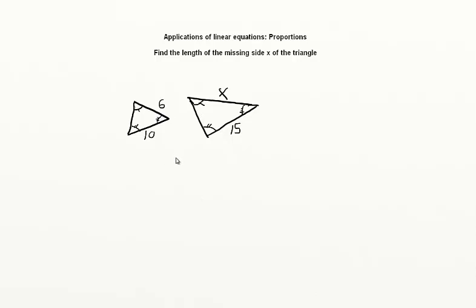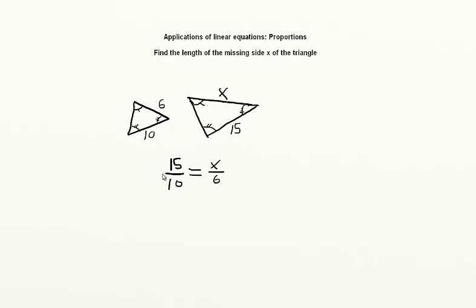So what we can say is that 15 divided by 10, for the ratio of these two sides, must be equal to the ratio of these two sides. Well, one thing we could do is just multiply 6 to each side, but we'd be multiplying by a fraction, and maybe some people aren't so comfortable with that.